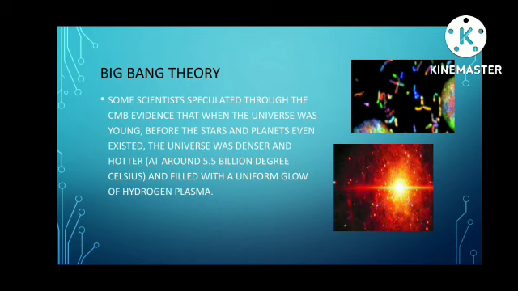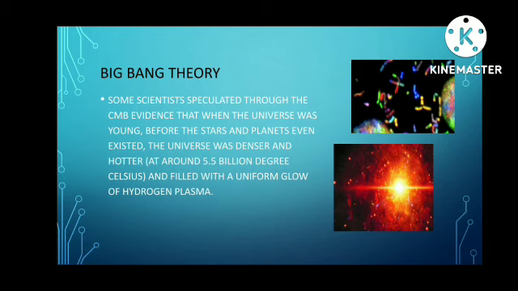Before the stars and planets even existed, the universe was denser and hotter. So it is very dense, no? And very hot with extreme temperature. So at around 5.5 billion degrees Celsius and filled with a uniform glow of hydrogen plasma.